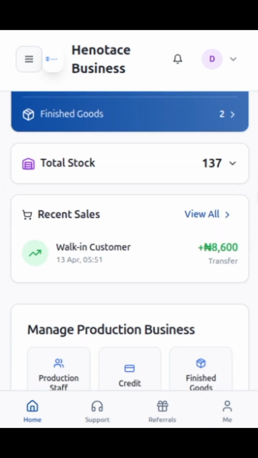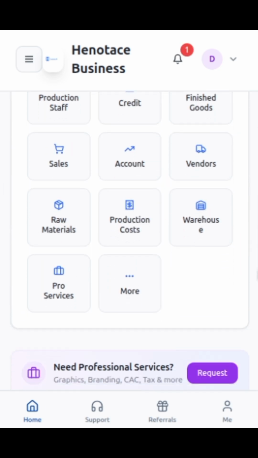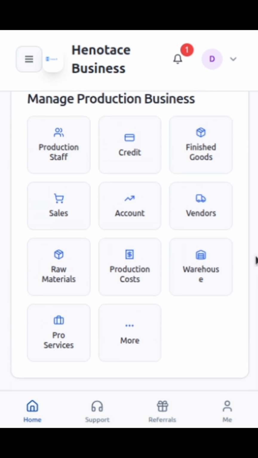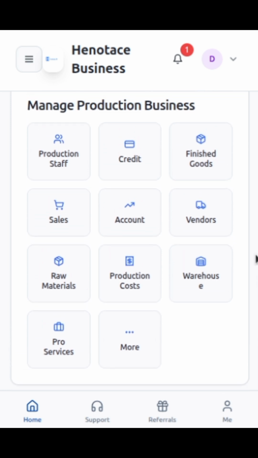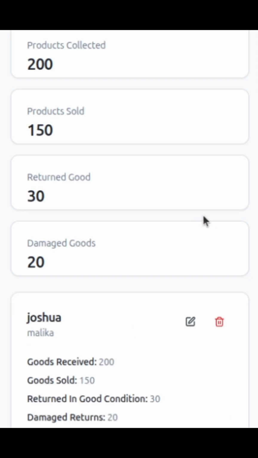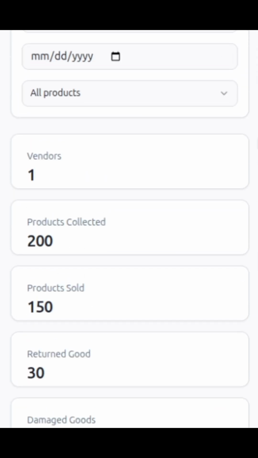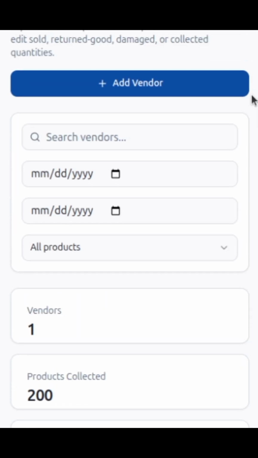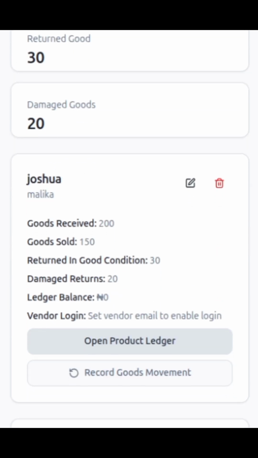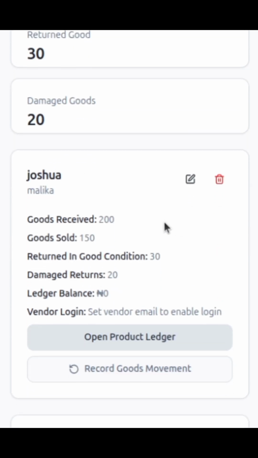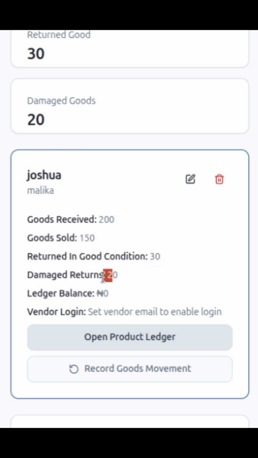When you scroll down also, you can see the vendors. Vendors are people that you give product to. You give them product, they go and sell it. So for the vendors, you record their name, then you're able to see the products that you give to them. They received 200 products. You can see that they returned 30 or 50 and they sold 150.